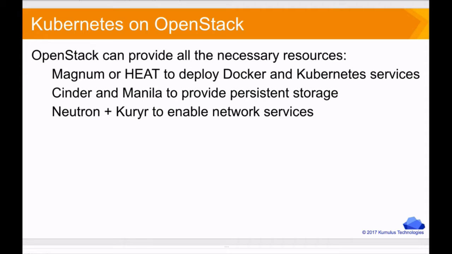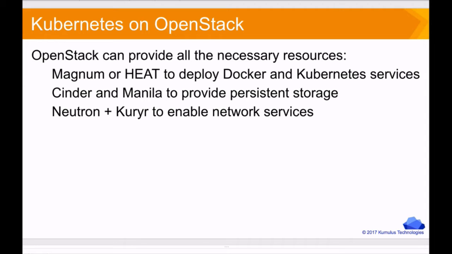But one of the interesting things is if I use something like the Magnum project, which supports the concept of deploying pods of container management service, so Kubernetes being a container operating environment, we can do Magnum to support that, or we could just write a simple Heat template, or CloudFormation in the Amazon case, to actually deploy Kubernetes. So there are a couple of different ways of getting that up and running.